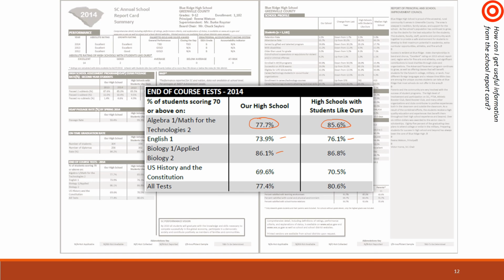For biology, our 86.1 compared to the rest of the schools' 86.8. US history, you can compare those numbers. You can see that of all of these, for both us and for schools like ours, US history is by far the lowest scoring one. That says something about the test, not about the students. And then the overall passage rate for the EOCs.